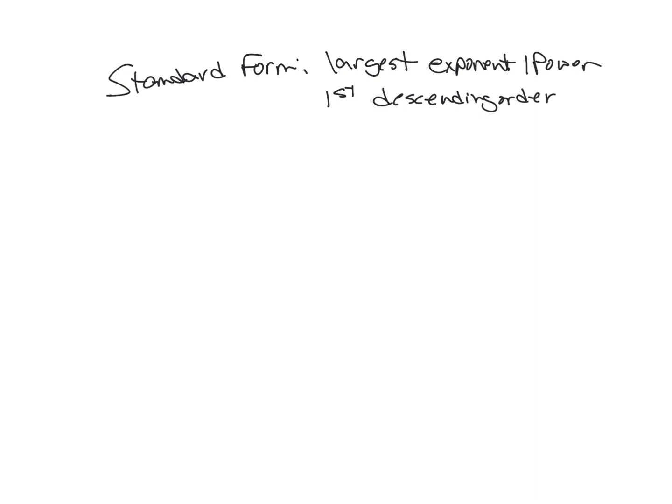Okay, so if I gave you an example and I asked you to put this in standard form, and I gave you something that looked like 3x squared plus x minus 1/2 x to the 5th plus 7x to the 4th plus 3.